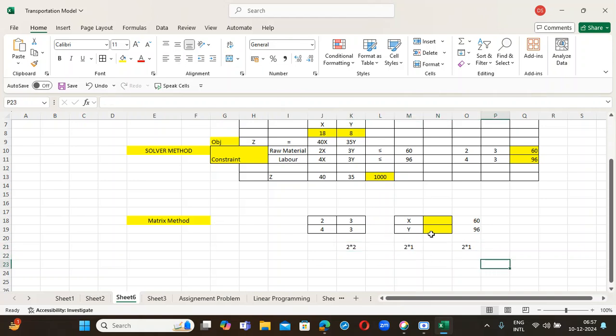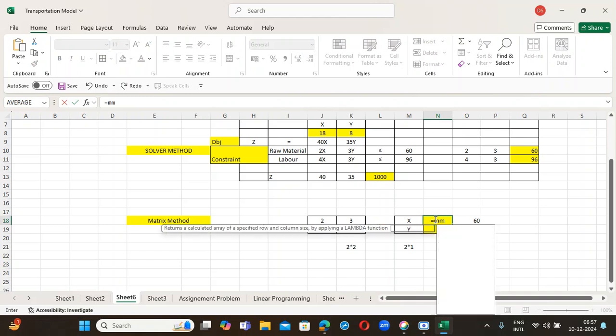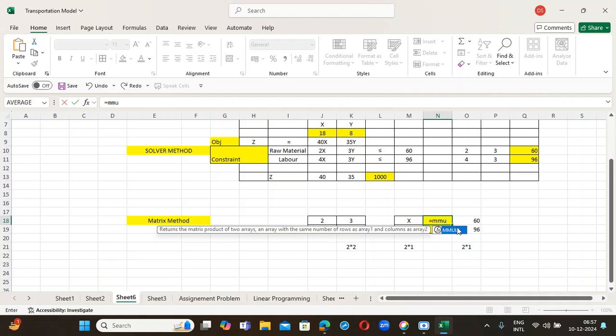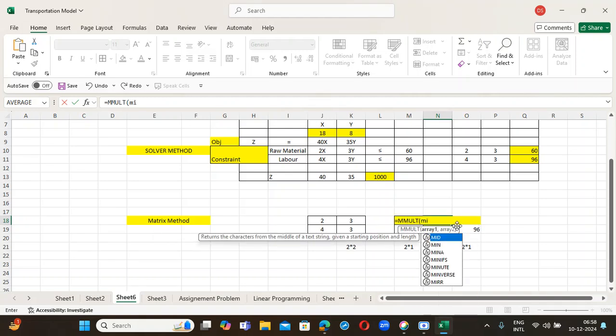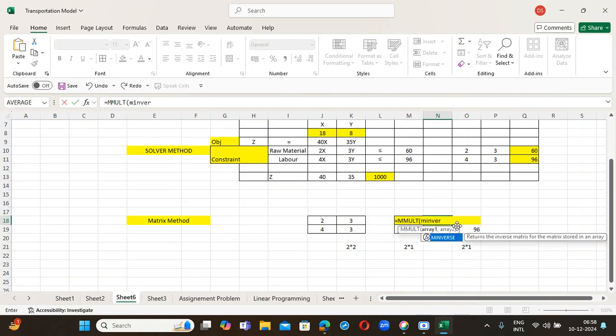But the thing is that here you like to find the result of X and Y. So if A goes to the other side, then you need the inverse of A multiplied by the output result. Then how can you find that? That is matrix multiplication, MMULT, then the inverse of the matrix.